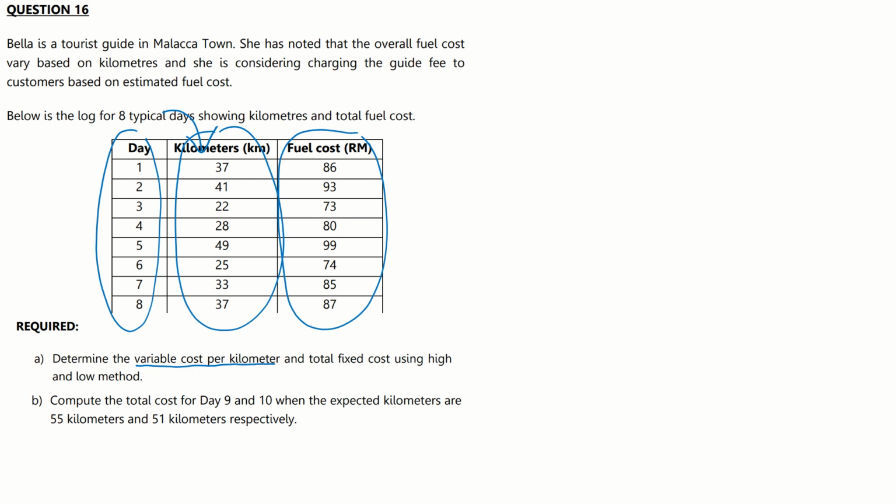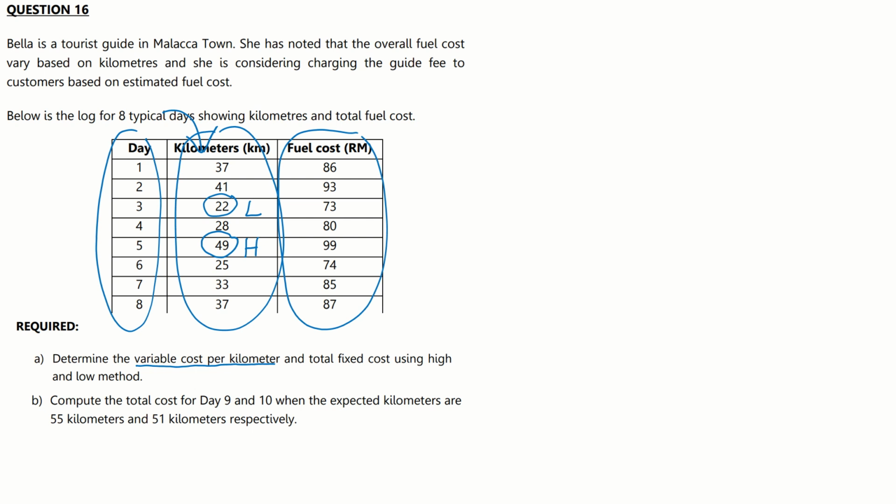It would be the fifth day, 49 kilometers. So this will be the highest. Let me write down, H stands for highest. Now, determine the lowest kilometers. Which day shows the lowest kilometers? Yes, day 3. So this is the lowest kilometers.